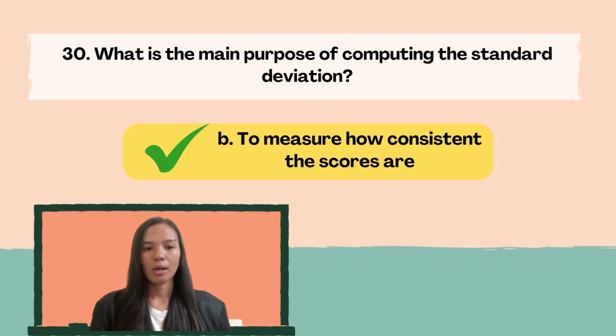But when it is large, it means the scores are more spread out, showing that students' performance levels are very different. In simple terms, standard deviation measures how consistent, stable, or varied the results are within a group.